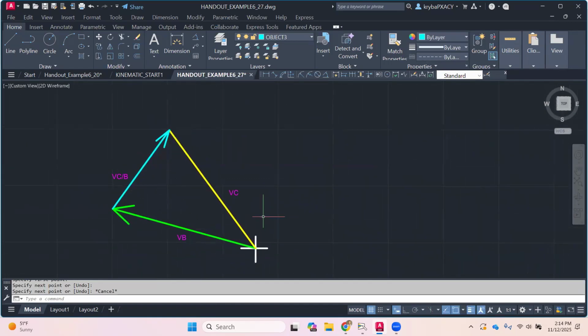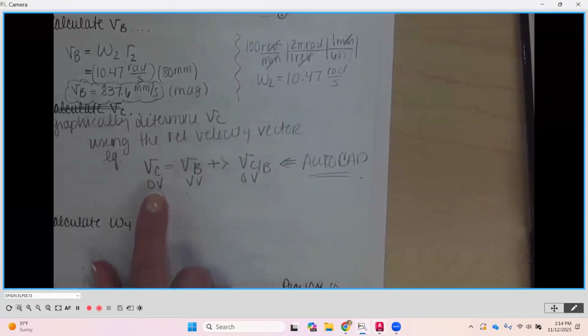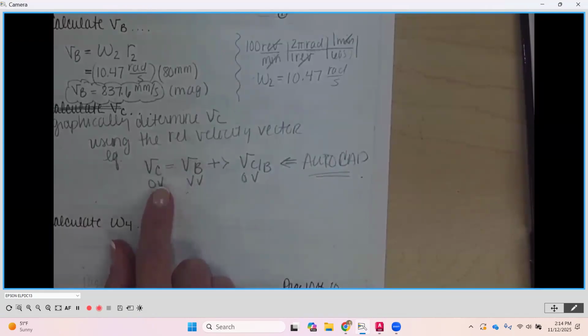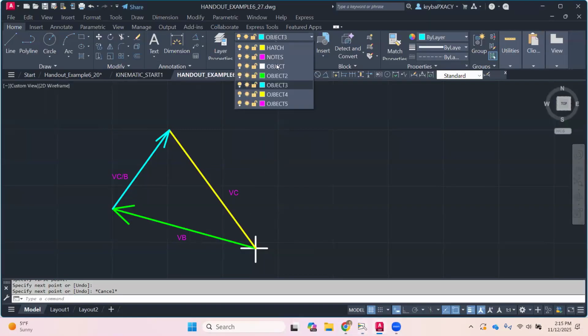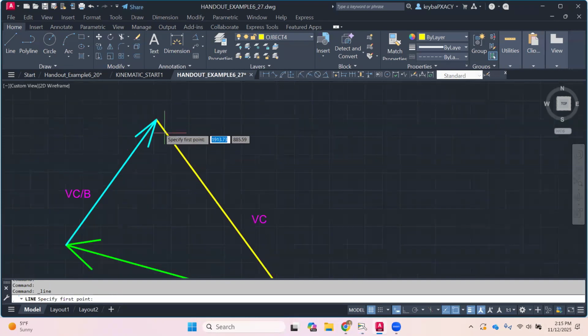So up and to the right for C relative to B. Then, if I look back over here, I cross the origin. The tail of C is going to start at the origin, and its tip is going to go to the last arrowhead on the right-hand side. So, change this to object 4. The tail is going to start at the origin. Its tip is going to go at the tip of C relative to B. So I'm going to do another line here, like this.